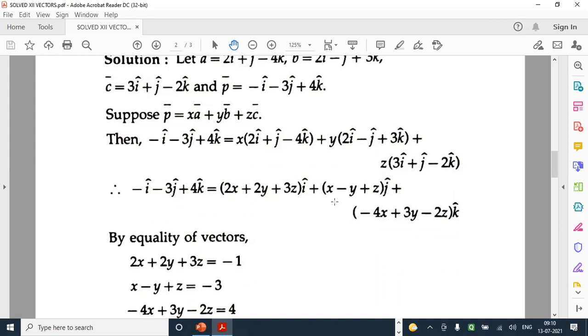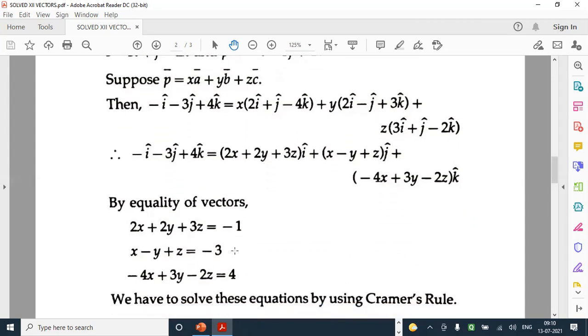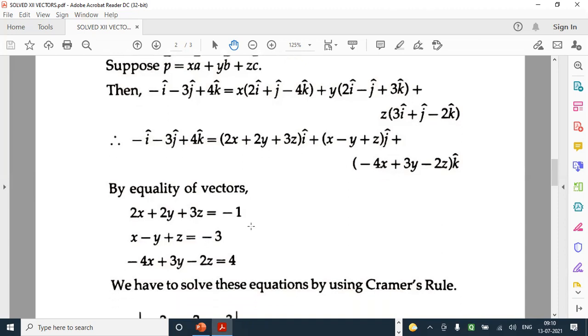Because in the previous sum we said proportional, because in that case two vectors were not equal. One vector was a scalar multiple of the other. That is why we said that they are proportional. Here vectors are equal. So these are the three equations. Now the choice is yours how to solve these equations. I hope you will not say matrix method.